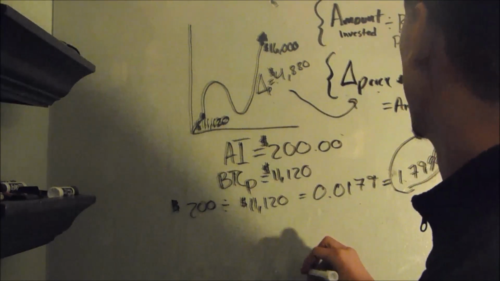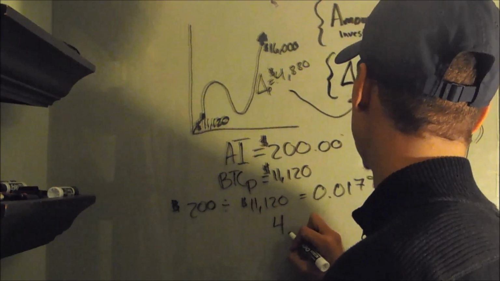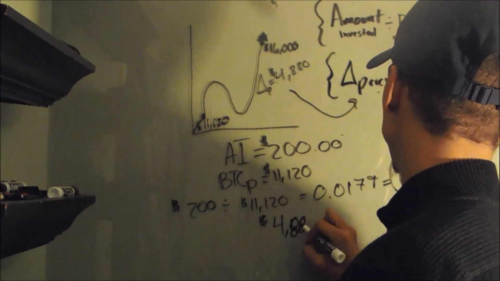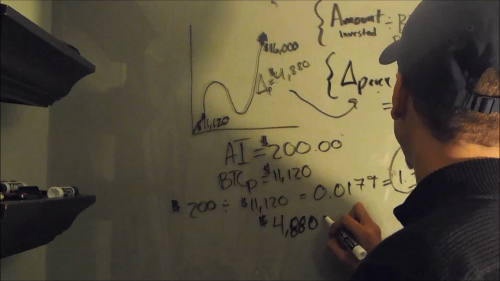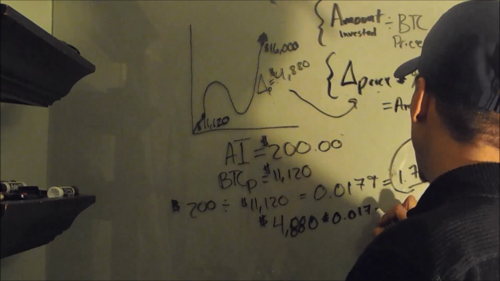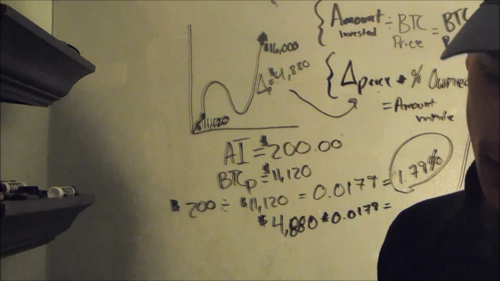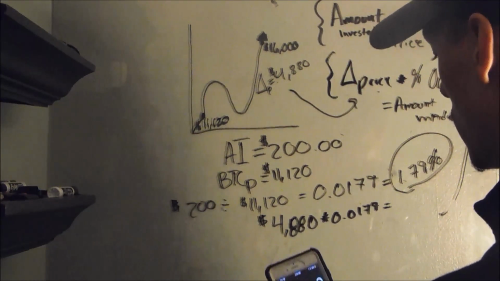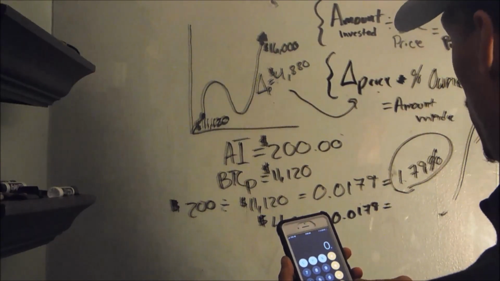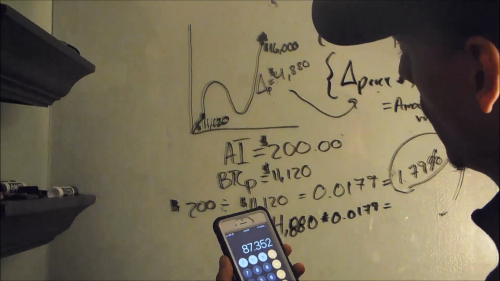We take the change of price multiplied by 0.0179, and there's a calculator on my phone: 4,880 multiplied by 0.0179 is equal to $87.35.